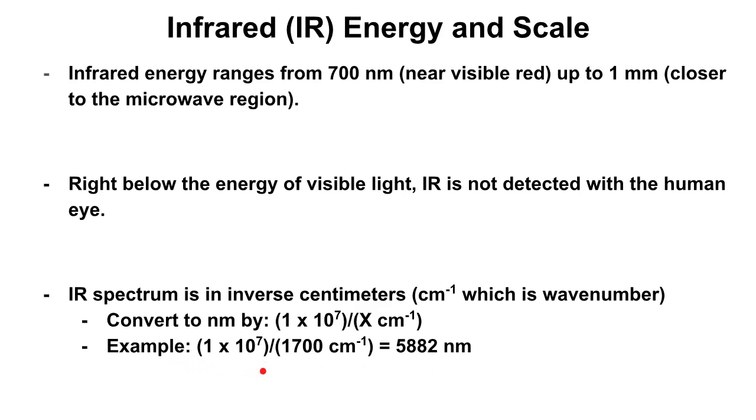So for example, let's say that we had a vibrational peak on a spectrum at 1700 inverse centimeters. That would relate to 5,882 nanometers. So these are pretty large wavelengths in comparison to that of visible light. When we get to the visible light region, we're talking about triple digits.